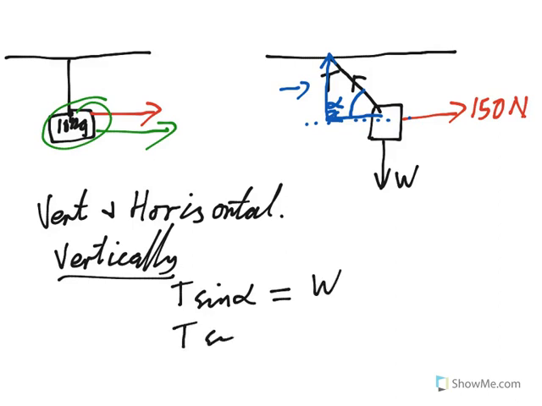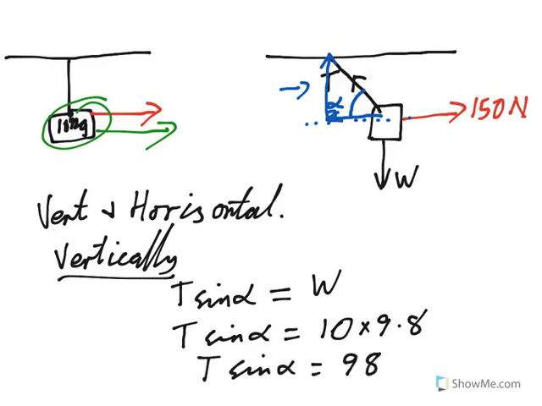So tension sine of alpha has got to equal 10 times 9.8, so tension sine of alpha has got to equal 98. Alright, so there's one thing that we've got. So that's the vertical.